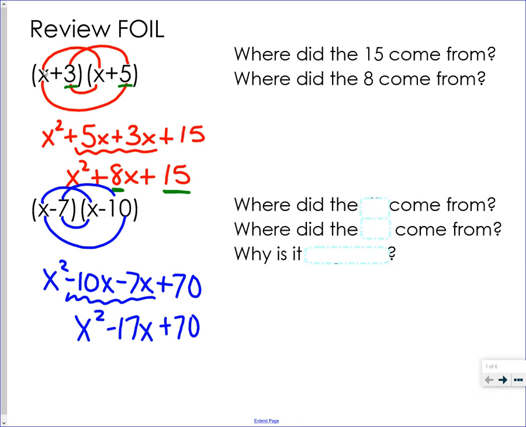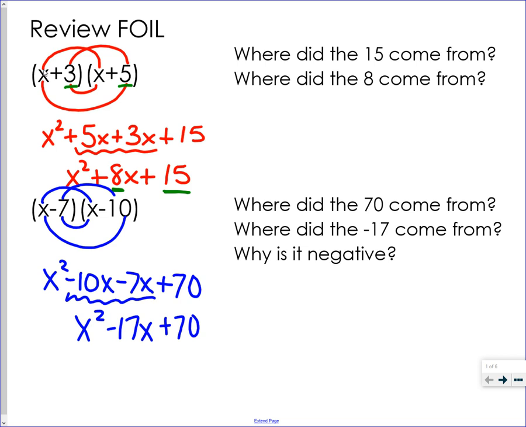So same kind of questions. Where did the 70 come from? That was the negative 7 times the negative 10. Where did the negative 17 come from? That's from the negative 7 plus the negative 10. And why is it negative? In the first example, that middle term, the 8x, was positive.